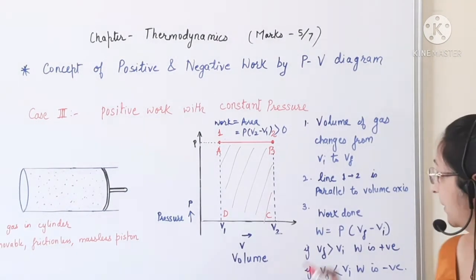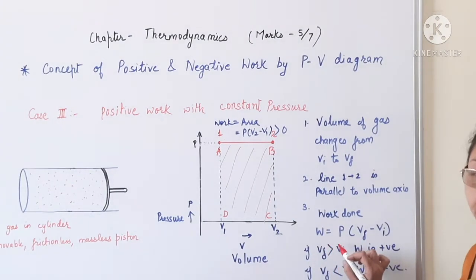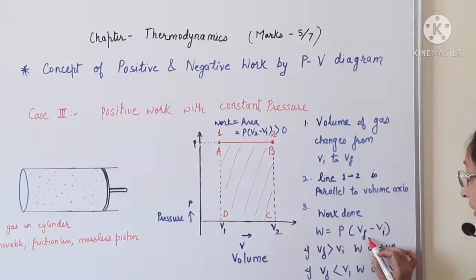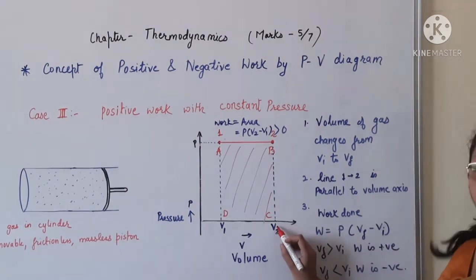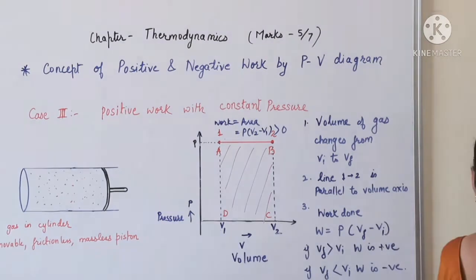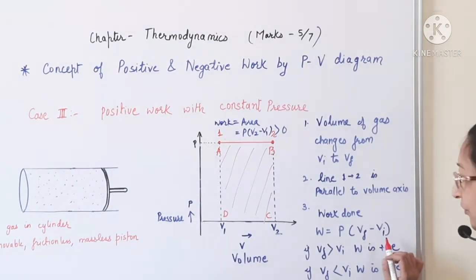It is at constant pressure. So we directly write W equals P, the constant pressure of the gas, times Vf minus Vi, the final volume minus the initial volume. So the work done is P(Vf minus Vi).